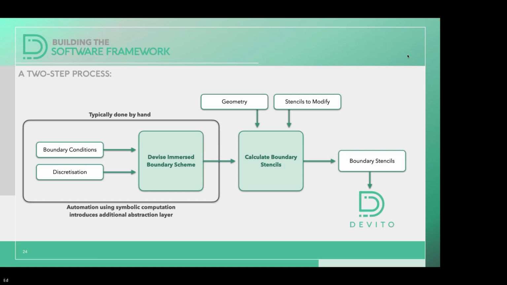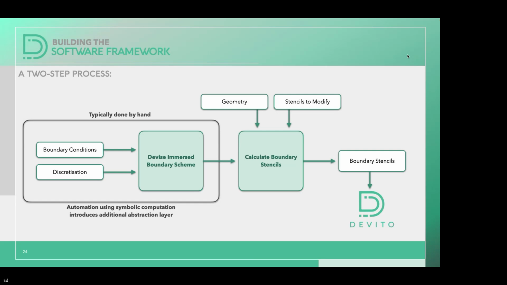So effectively what we're doing here is raising the level of abstraction. It means you just need to describe what your immersed boundary scheme has to do, rather than having to figure out what that looks like from a numerical scheme perspective. We do this by implementing the mathematics I've just gone over using symbolic computation, so computer algebra.